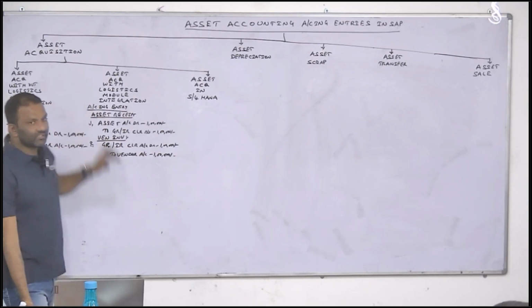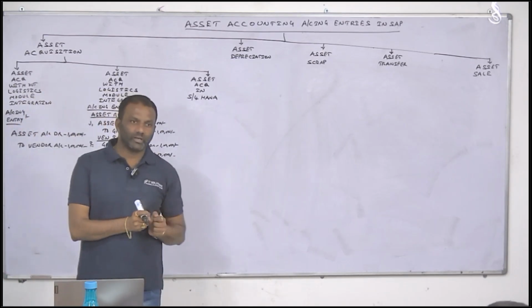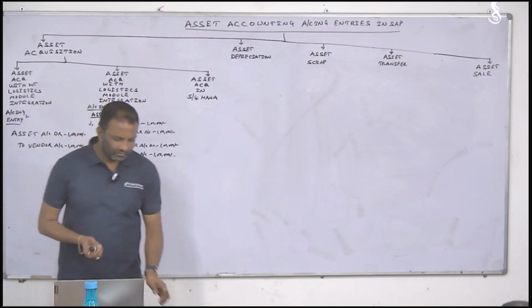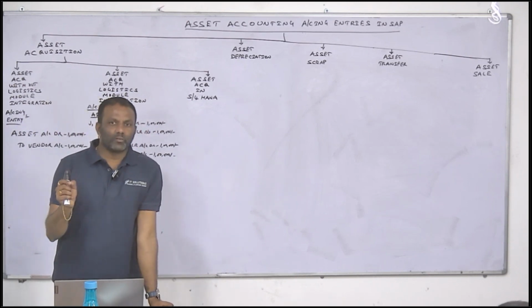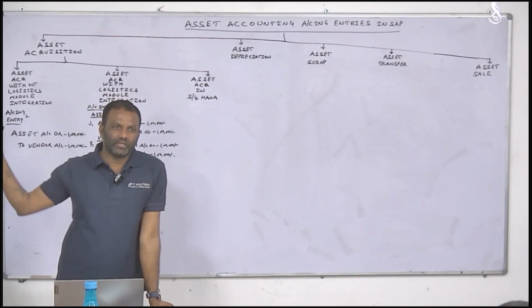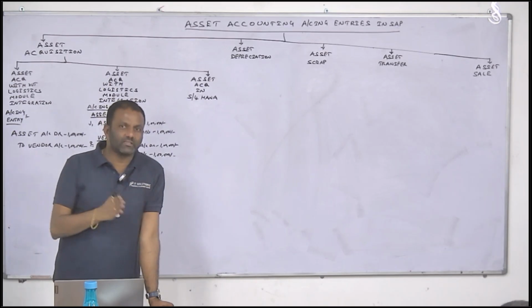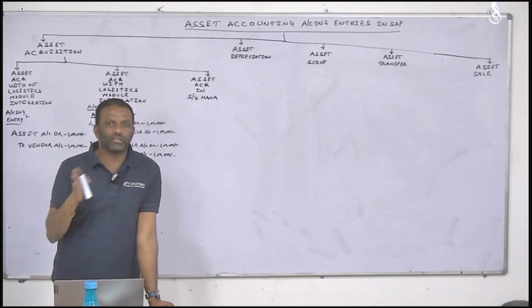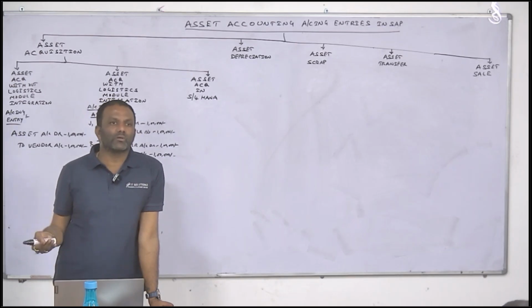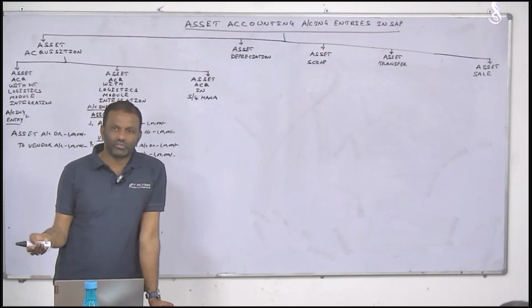If they are purchasing by using the module, as I already told you yesterday, FI is a different module, CO is a different module, MM is a different module, SD is a different module. Every module has its own programs and its own structure. A module is nothing but a department in the organization.